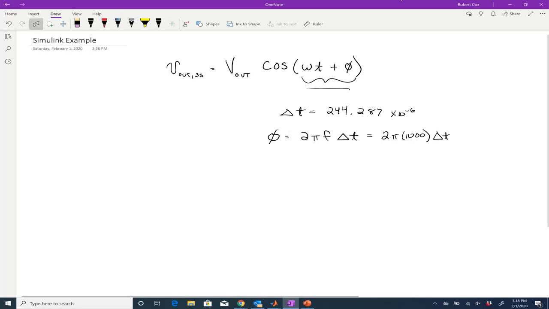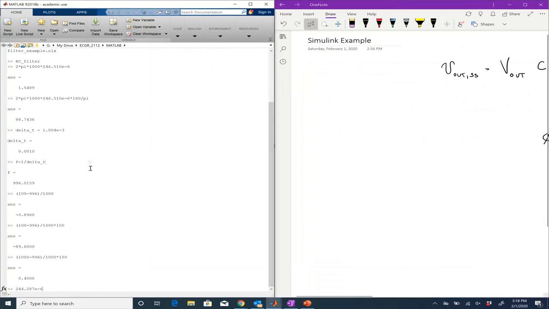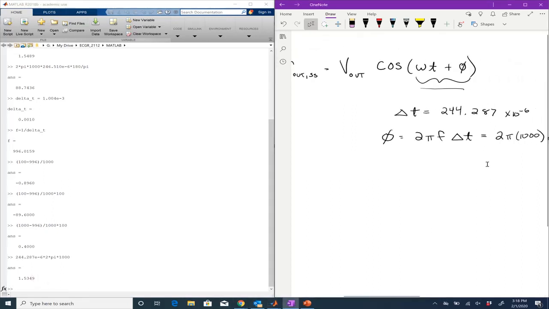Okay, so in this case that's 2 pi times 1,000 times that delta t. So that will be 244.287 times 10 to the minus 6 times 2 times pi times 1,000, 1.5349. Now because sine here is defined in radians, this is 1.5349 radians. But I want to convert that to degrees.